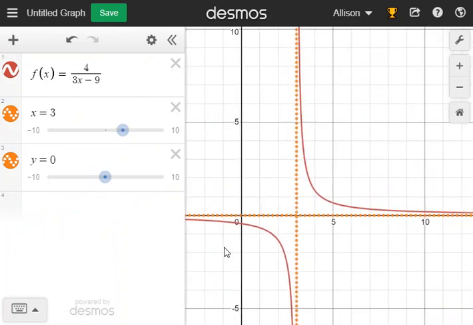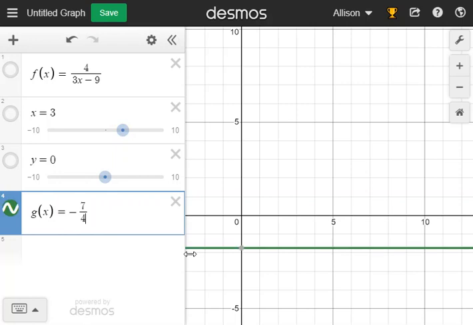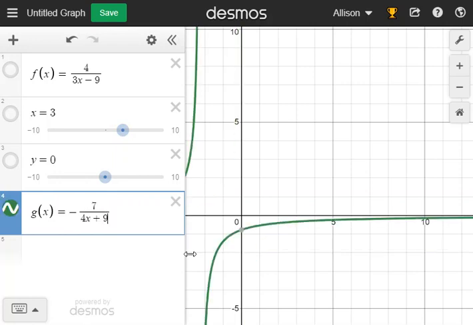All right. So I'm going to take a look at another function and just look again at its vertical and horizontal asymptotes. So let's say I make up the function -7 over 4x plus 9.